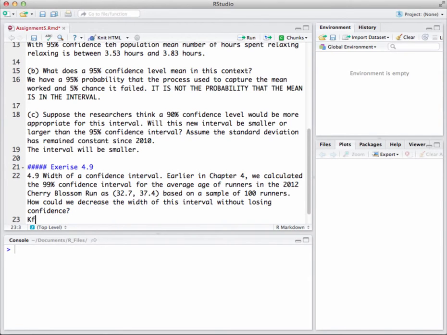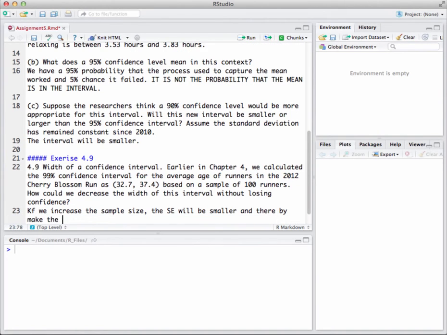If we increase the sample size, the SE, that's the standard error, will be smaller, and thereby make the width of the interval smaller.